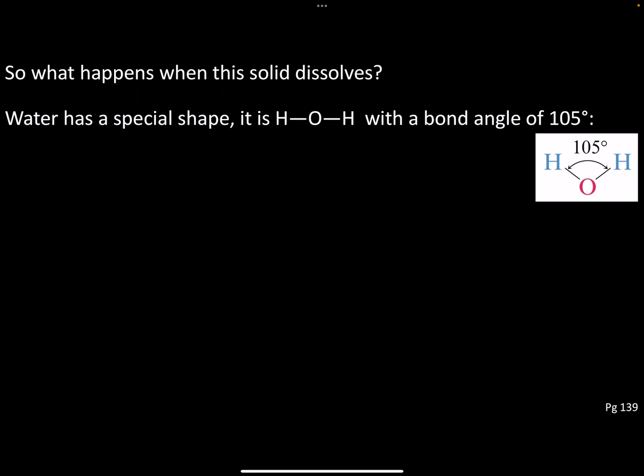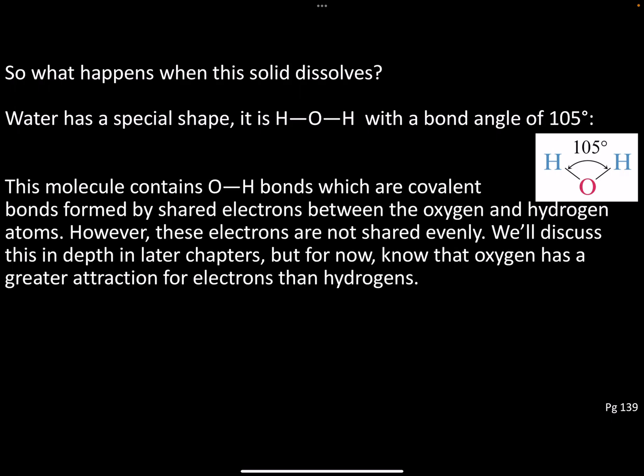So we know water is H2O, and oxygen is the central atom there. Those hydrogen atoms are around the oxygen atom, and there is this bent shape on water, and we'll talk a little bit as to why that is also. But this molecule contains those OH bonds, which are covalent, which means they share electrons between the oxygen and hydrogen atoms.